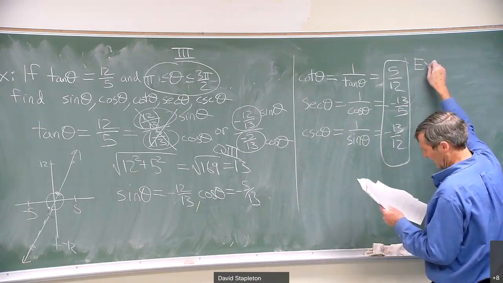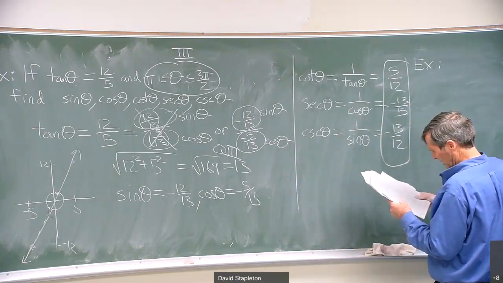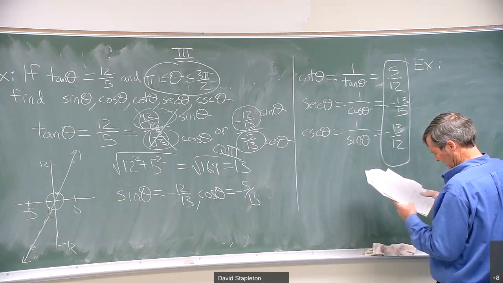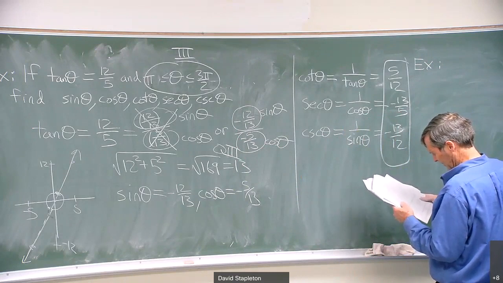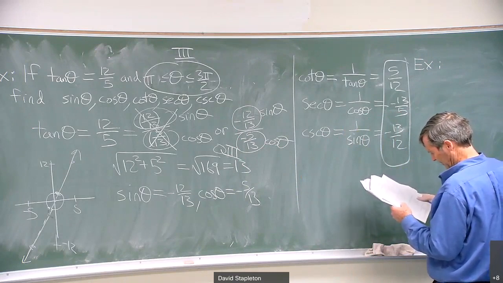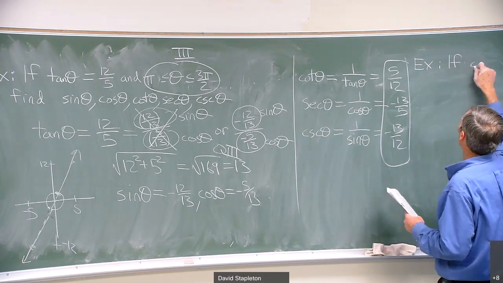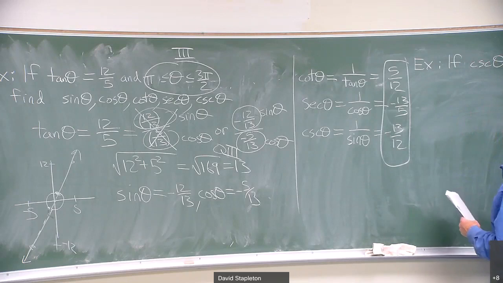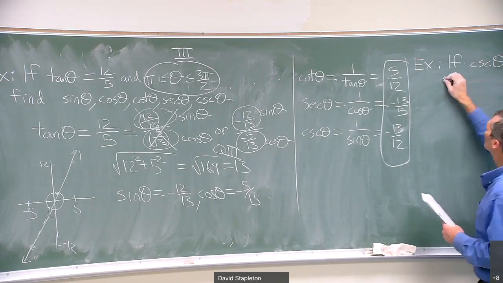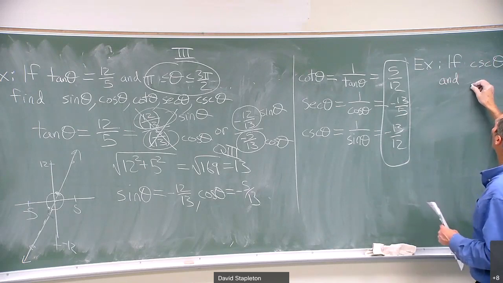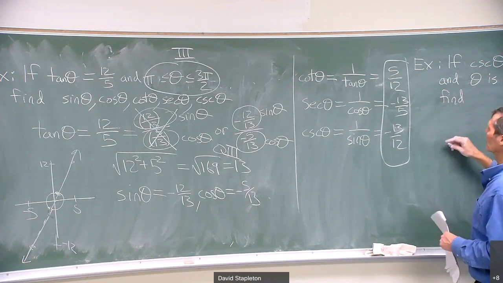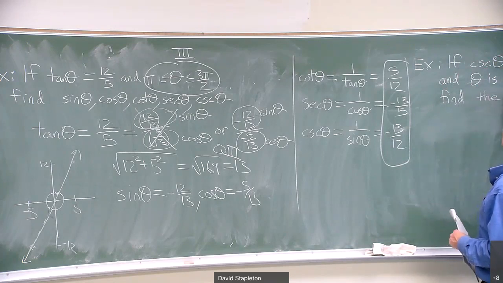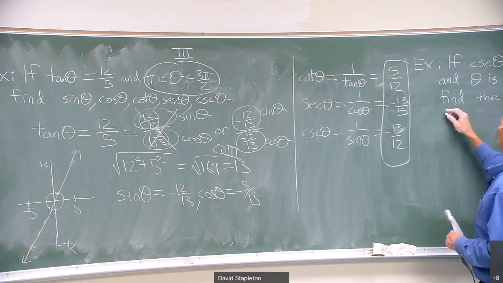And finally, let's do a slightly simpler one. All right, let's do this one. If cosecant is -4 and theta is in quadrant 4, find the other trig functions, sine, cosine, etc. Just like we did on this one, but this time I'm doing cosecant.